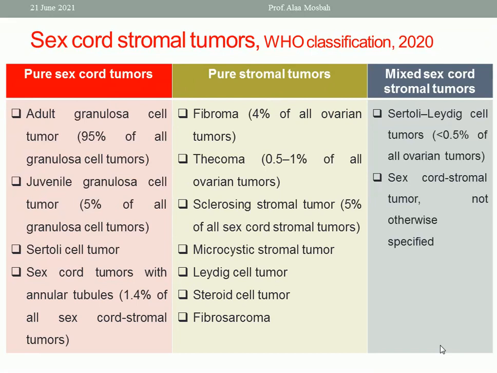Sclerosing stromal tumor, 5% of all sex-cord stromal tumors. Then the microcystic stromal tumor, Leydig cell tumor, steroid cell tumor, and the fibrosarcoma. The last big category is the mixed sex-cord stromal tumor, including Sertoli-Leydig cell tumor, less than 0.5% of all ovarian tumors, and sex-cord stromal tumor, not otherwise specified.